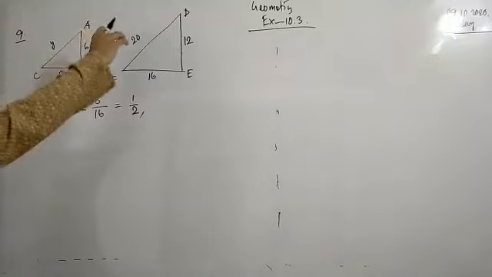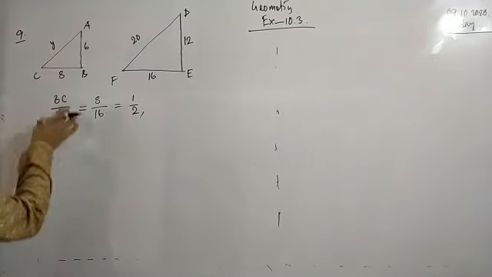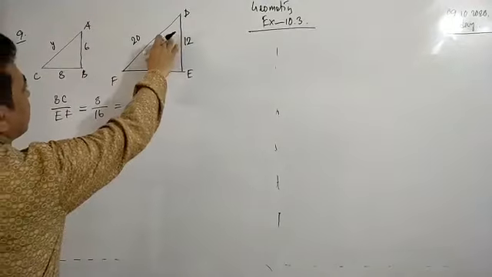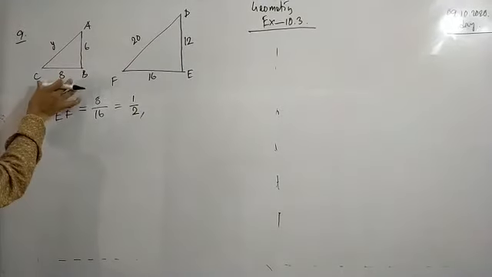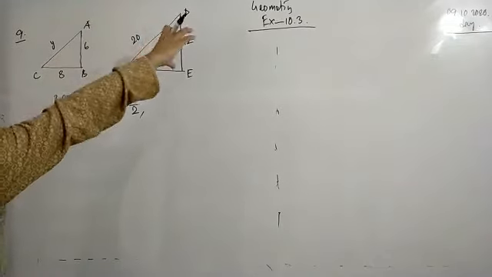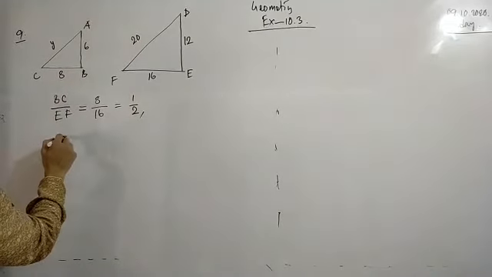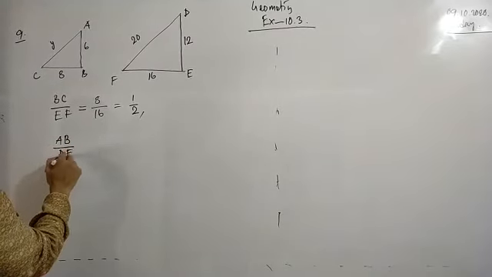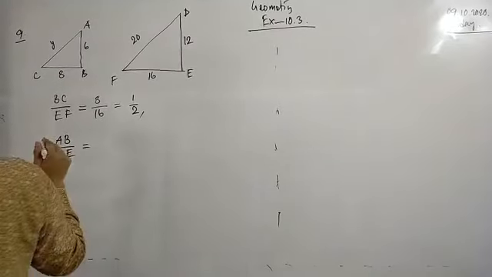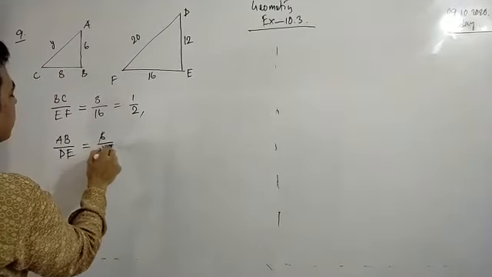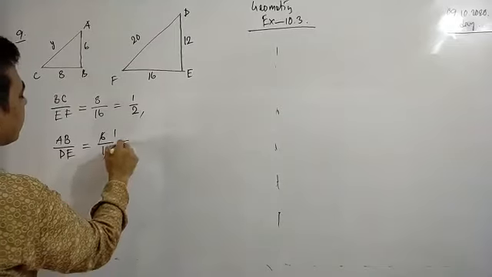First we chose the small triangle and after that the big triangle, so BC divided by EF. Now we take AB divided by DE. AB is 6 and DE is 12, so here also it is half.